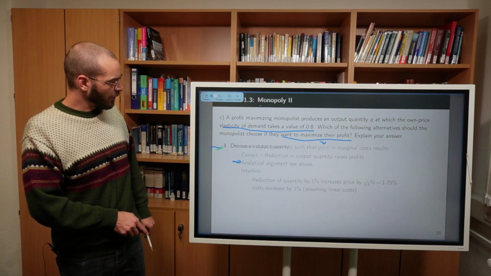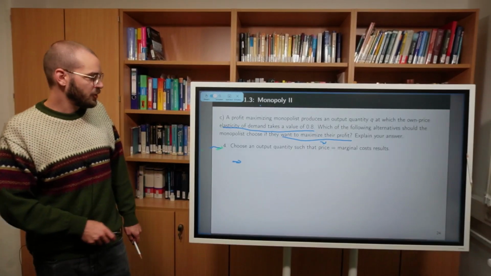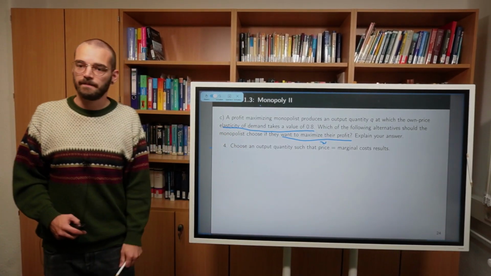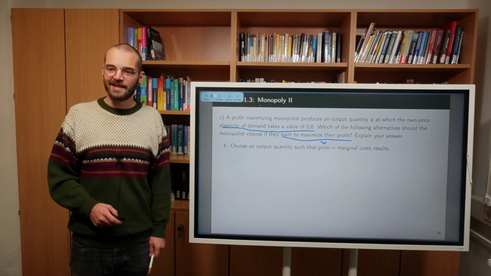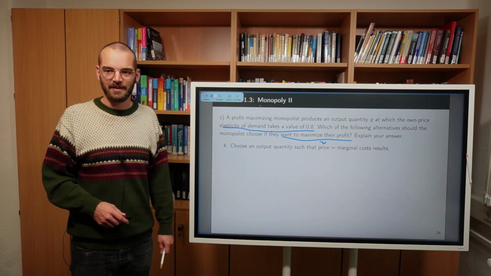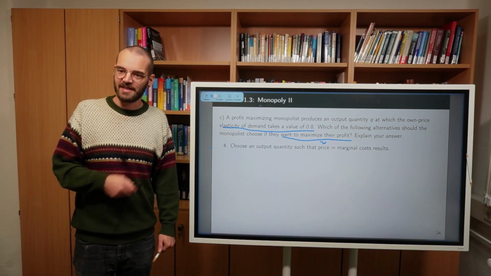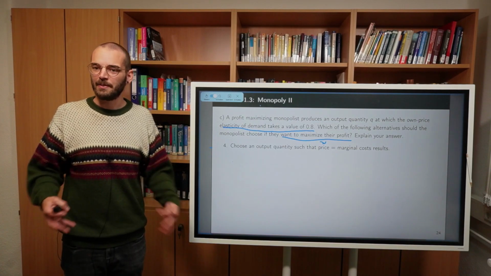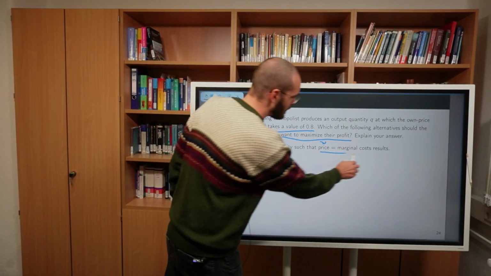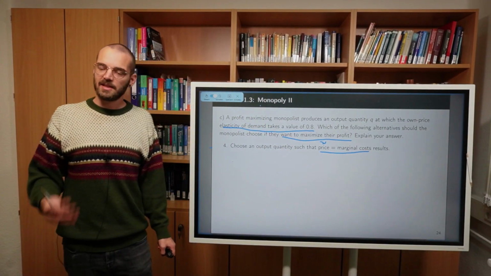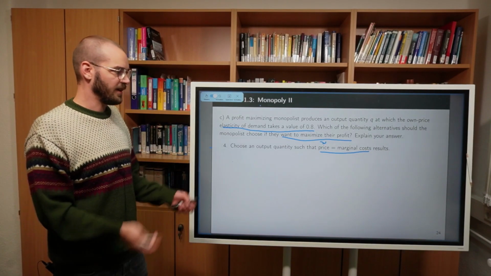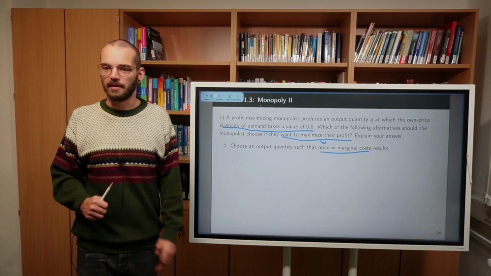And then fourth and finally, choose an output quantity such that price equals marginal costs. Well, that, of course, can never be profit maximizing for a monopolist, because as we discussed in the previous video where we were talking about perfect competition, we know that price equal marginal costs implies 0 profits, at least in our simple world with constant marginal costs.